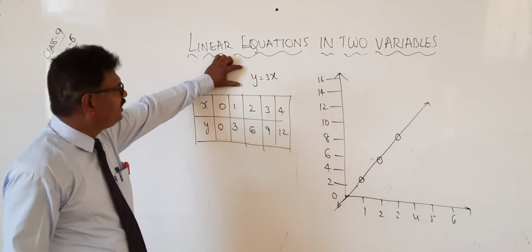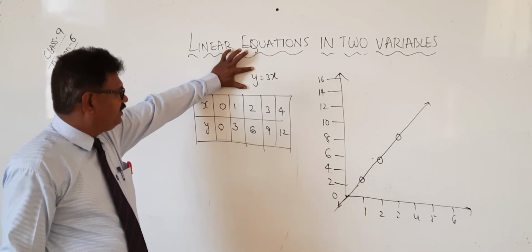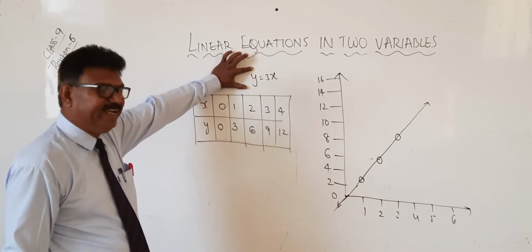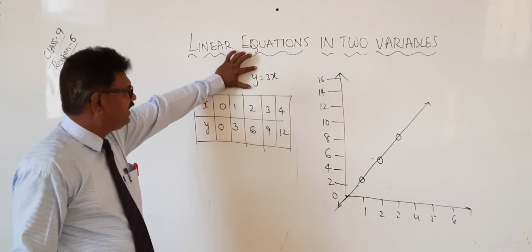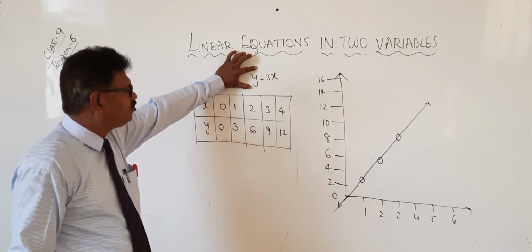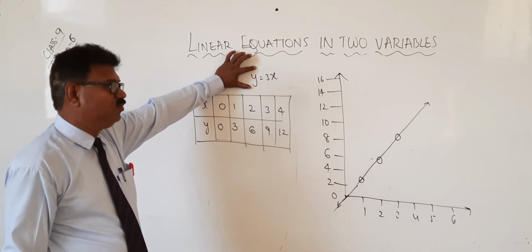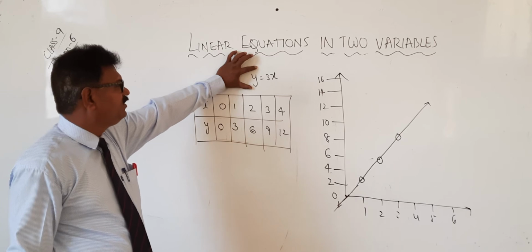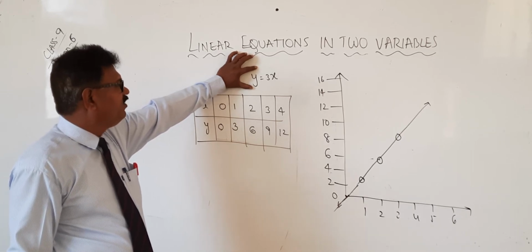Because y equal to 3x, what happened? We know that the equation for a straight line is y equal to mx plus c. But he has given the equation as y equal to 3x. Therefore, y is nothing but 3 times the x value. If you take x value as 1, y equal to 3. If you take x equal to 2, then y will be 6.